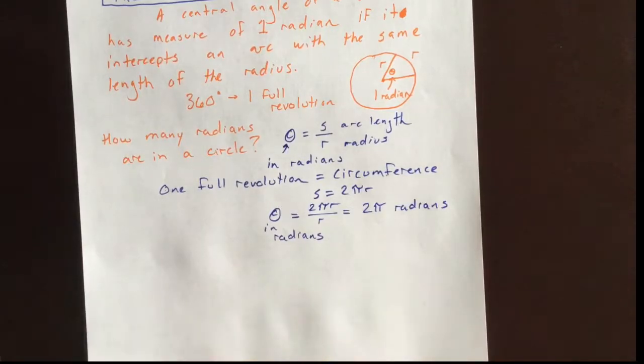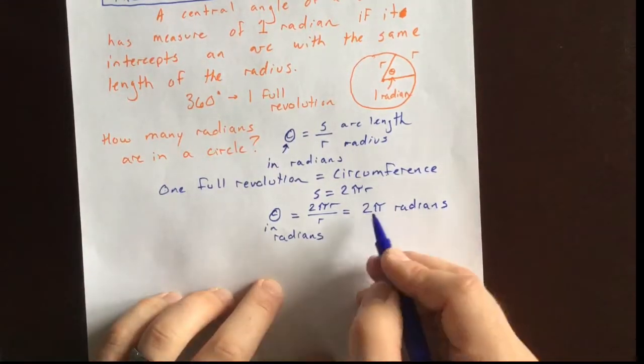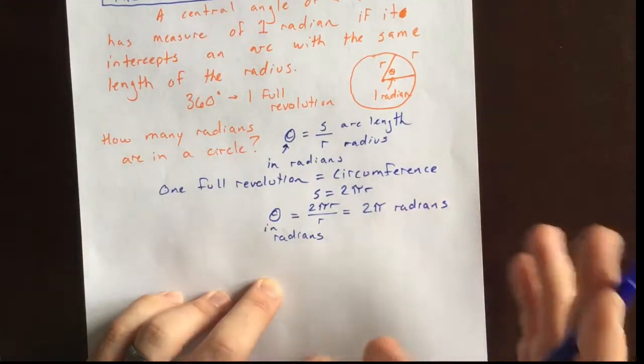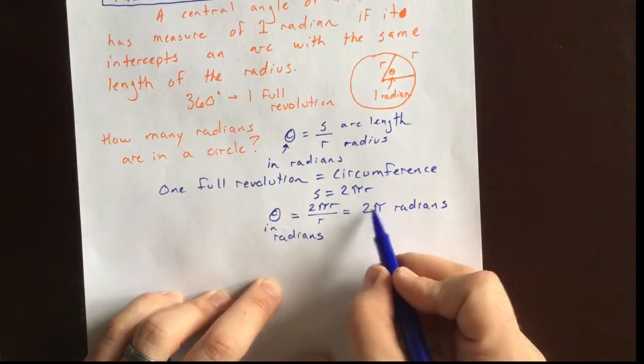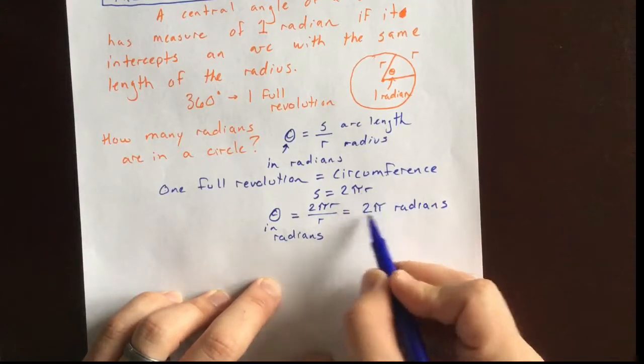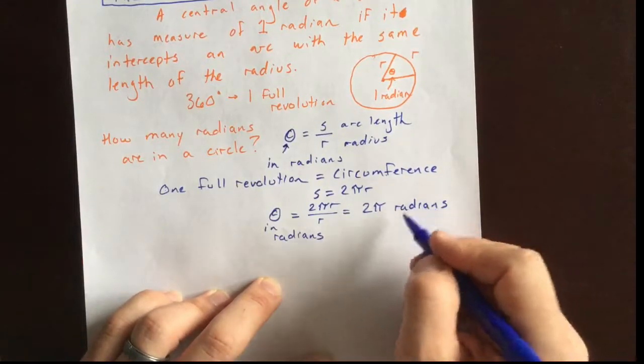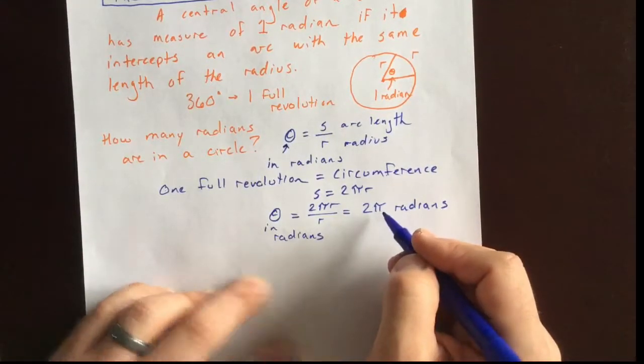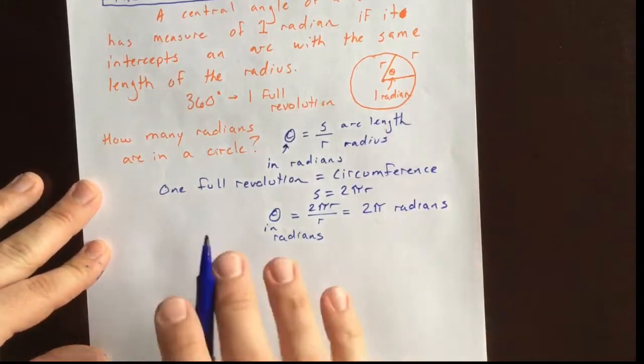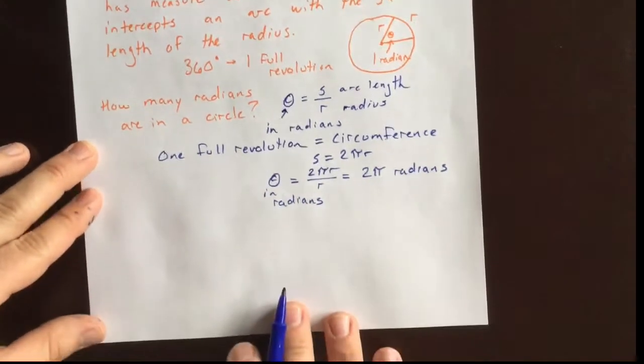And yes, you can multiply 2 times pi and get 6 point something. But we actually leave radians in terms of pi. Pi is going to be in all of the measurements with radians. So every time you see a measure in radians, you often see a pi with it. So we're going to make a little table right now.